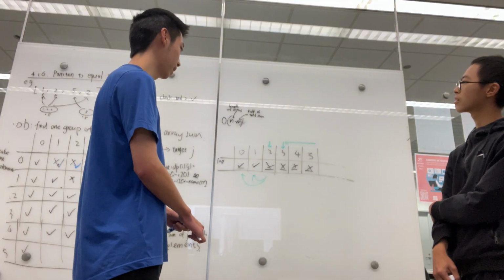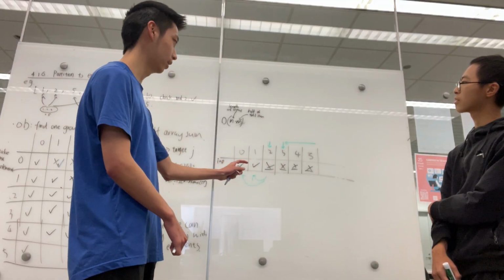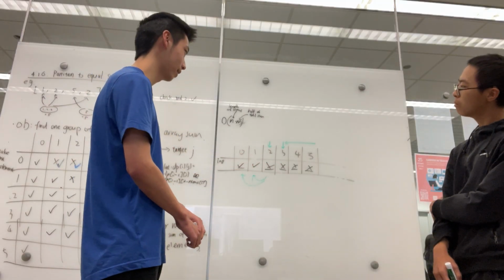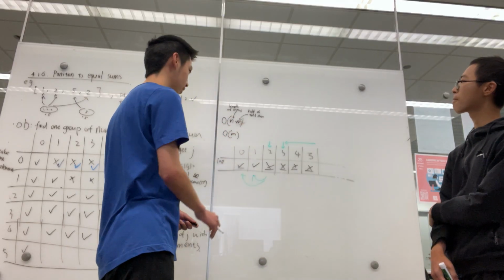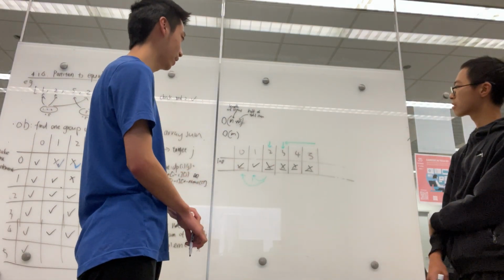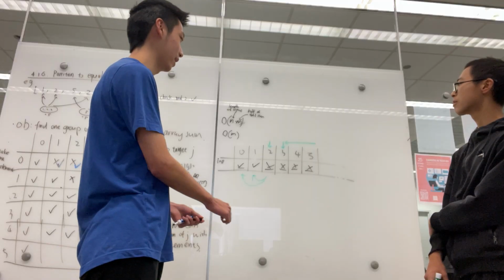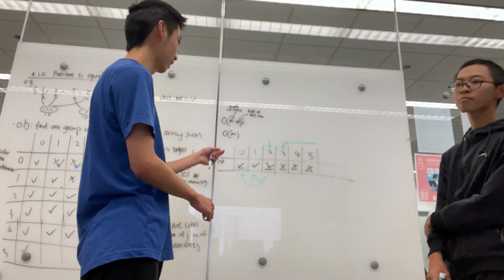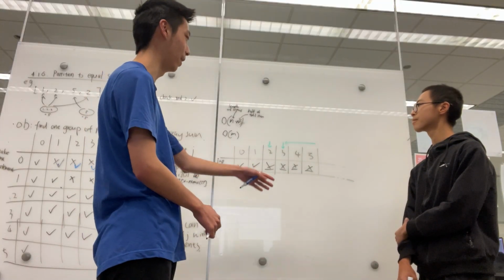So the space complexity for this optimized solution is just O of m. We only have one array. It's a 1D array with pretty much m elements. Alright, it's m plus 1, but since it's big O, the plus 1 doesn't matter, so it's just O of m.